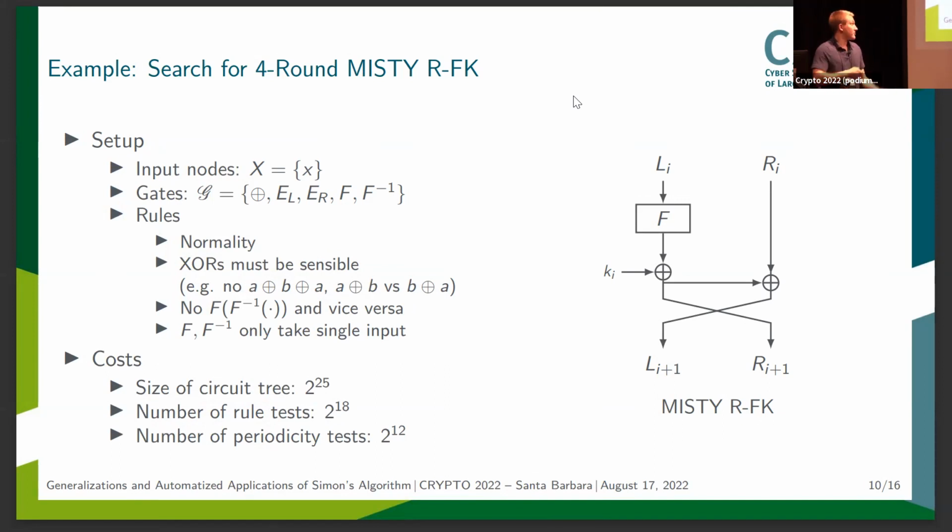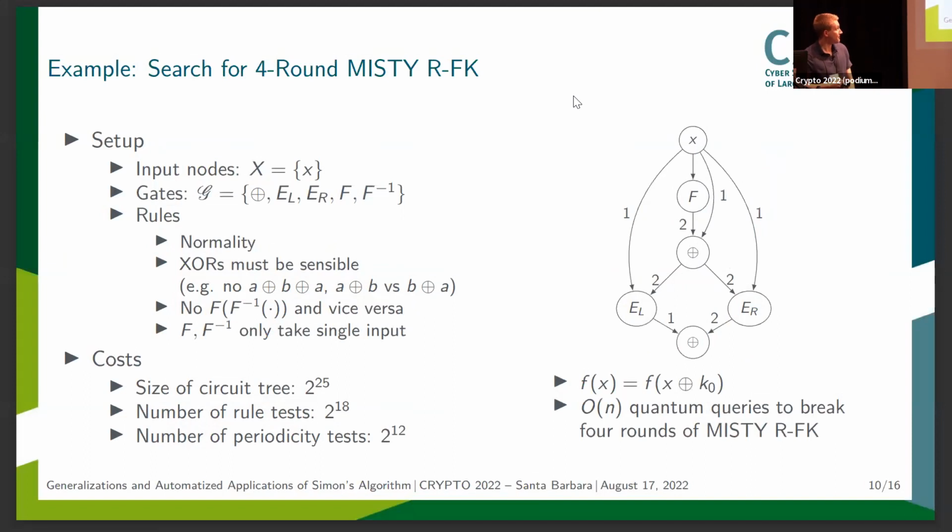And what our search then finds is this circuit. So we take the input, we apply the round function, we add the input again, and this is then the right input of one encryption query, and the left input is just the input of the function.